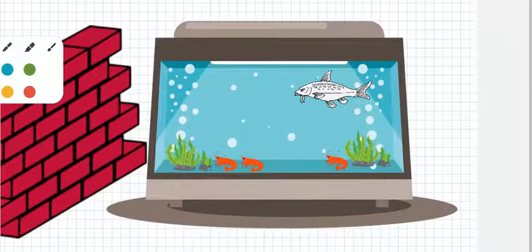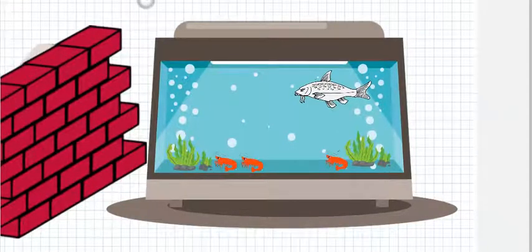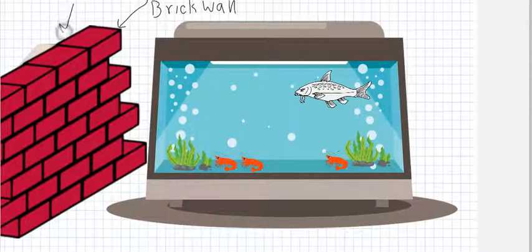If you can't see it, there's a big red brick wall right here. And our brick wall does something very drastic to our ecosystem. It blocks the light. And so our brick wall now means no light from the lamp.